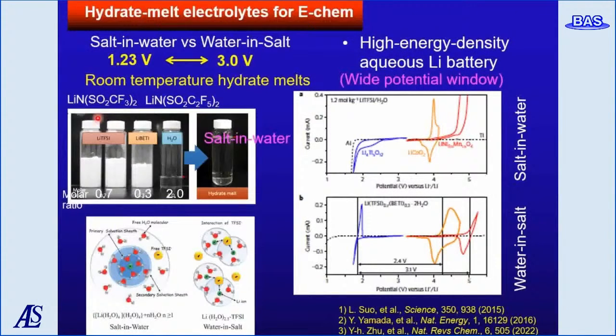As an electrolytic solution similar to ionic liquid, water-based lithium-ion batteries using hydrate melt have attracted attention because of their high energy density and high voltage, even in water systems.